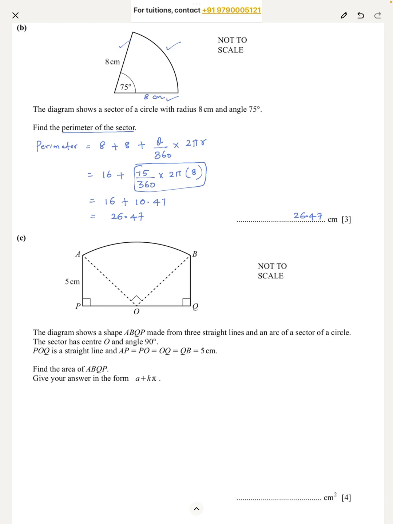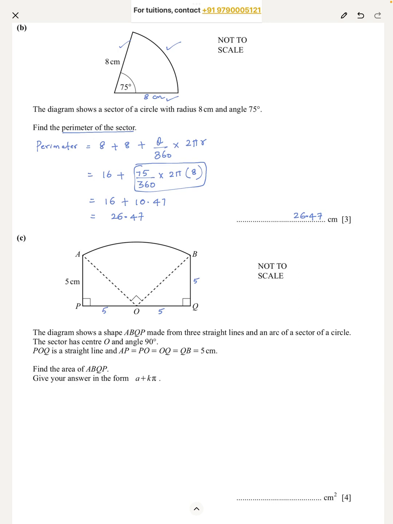The sector has center O and an angle of 90 degree. POQ is a straight line. AP equal to PO equal to OQ equal to QB is equal to 5 centimeter. All of them are 5. Find the area ABQP.